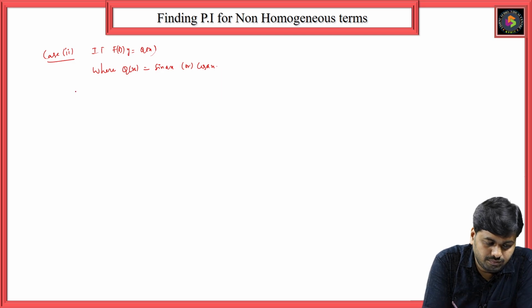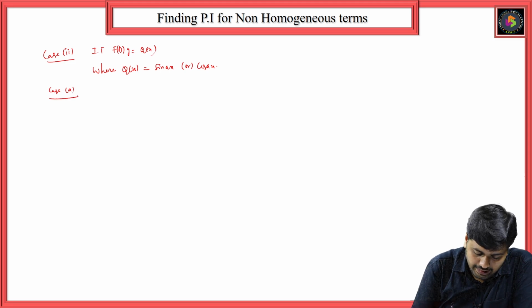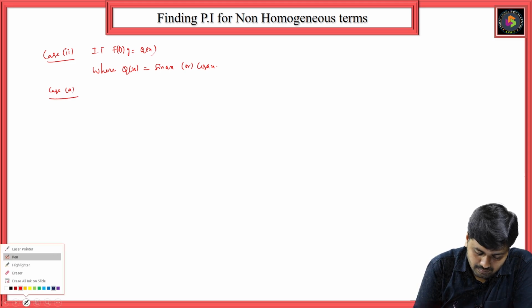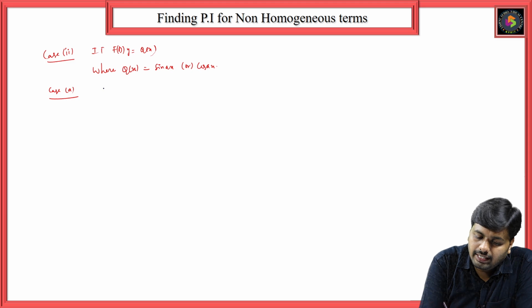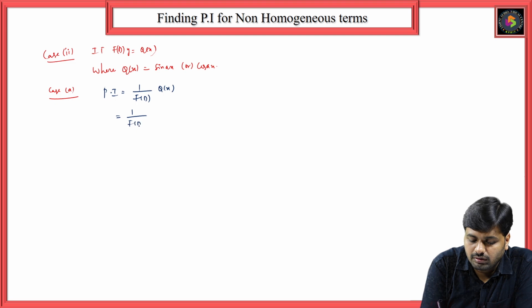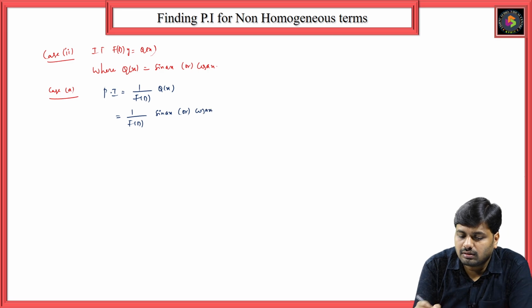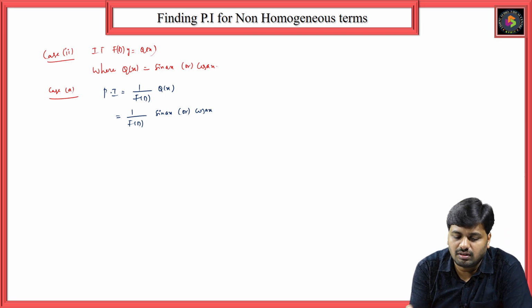Now case A. Here we are finding the particular integral only. Let us write 1 by f of D of sin ax, or cos ax, but in a realistic problem we'll get only one of them, cos or sin.